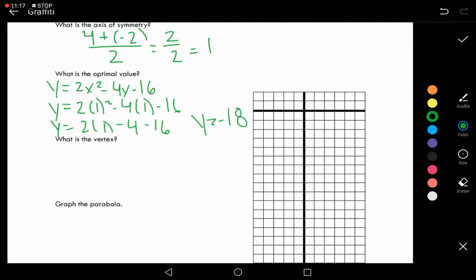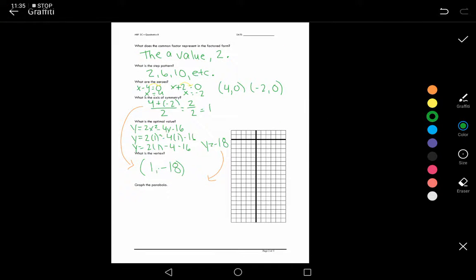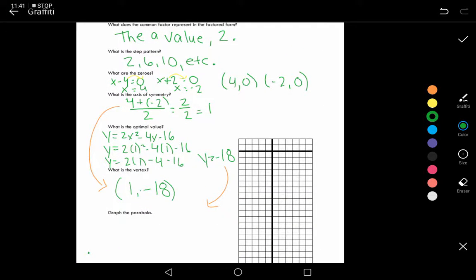Okay, so it's asking us what is the vertex. Again, we don't have to solve anything, right? It's just coming from these two values. So our vertex, axis of symmetry was 1. Optimal value was negative 18. Okay, and now it would like us to graph this. So it's actually worked us through all of the information we need to graph this, right? So the first thing we're going to do is graph those zeros.